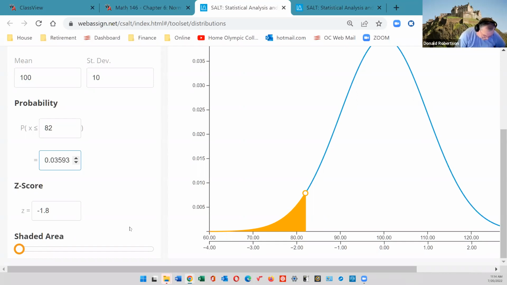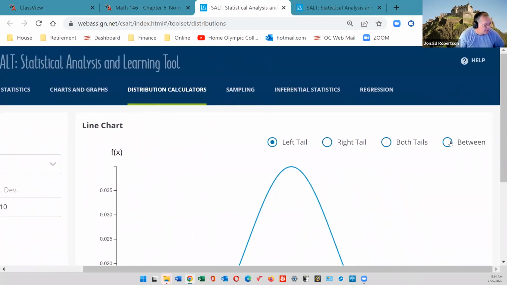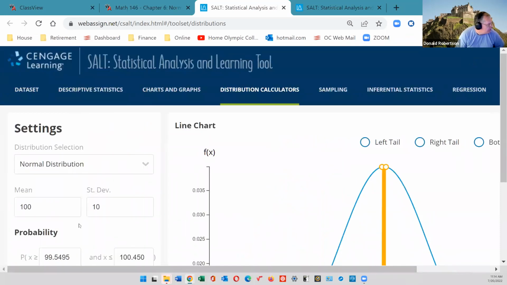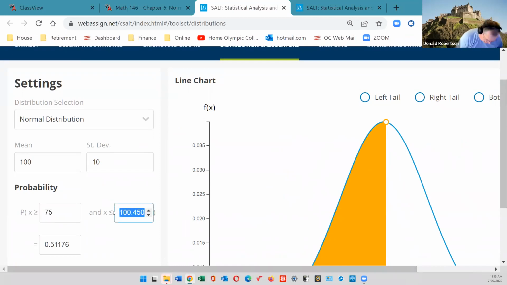And I had as my third one a between, and a between is that one. The way the between is set up is a bit weird, but you have to just live with it. So it's got to be bigger than 75 and less than 105.